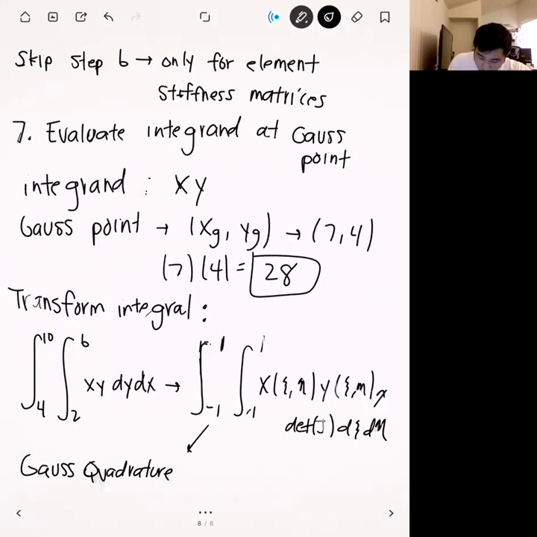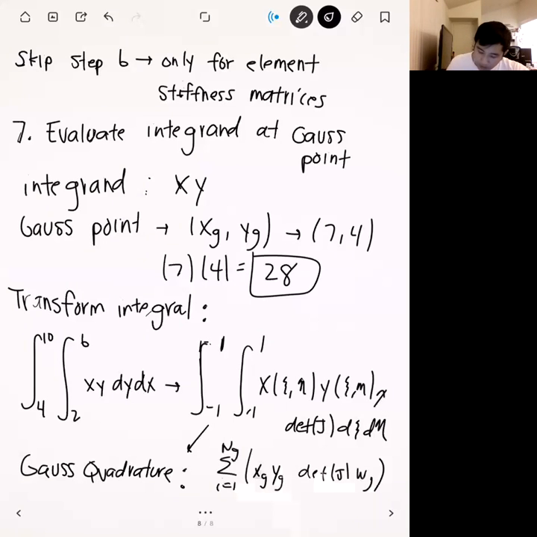Under Gauss quadrature, the evaluation for this is simply the sum from i equal to 1 to the number of Gauss points of xg, yg, times the determinant of J times wg.